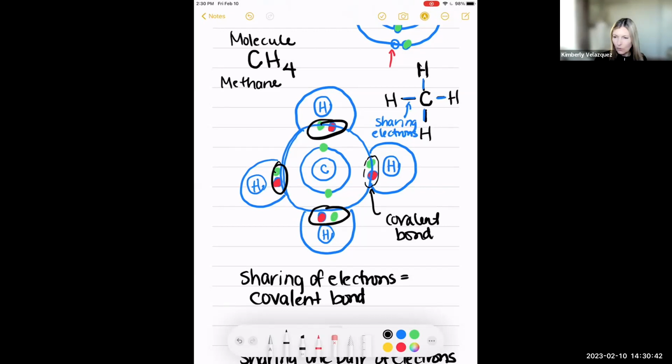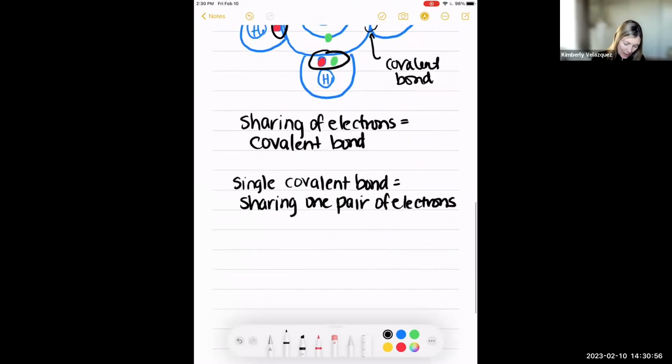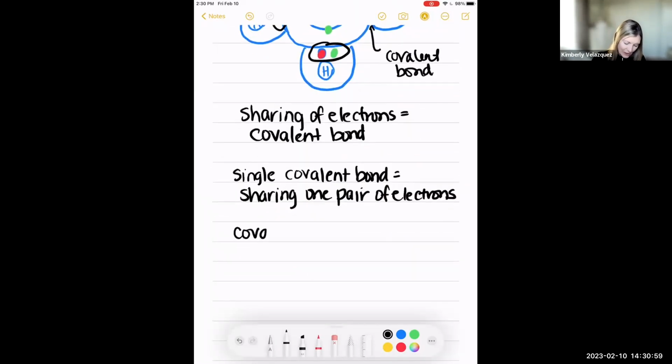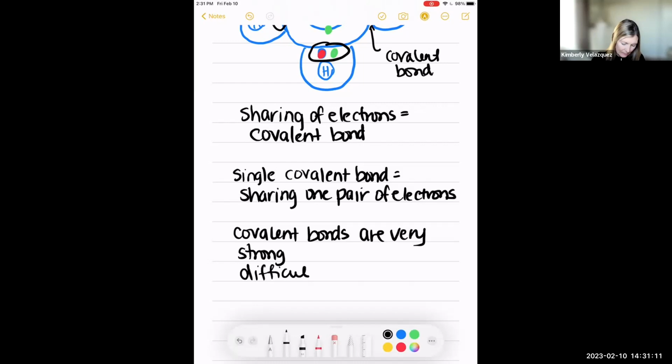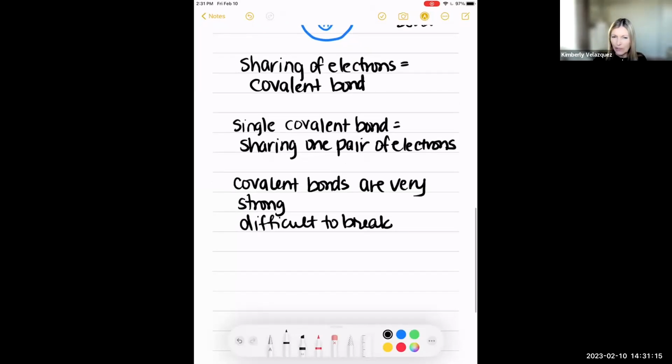It is the simplest organic molecule. Organic molecule meaning carbon is in that molecule. Single covalent bond sharing electrons. These bonds, covalent bonds, are very strong. They are difficult to break. And in fact, they require energy input to form.